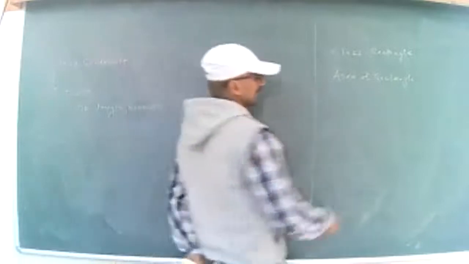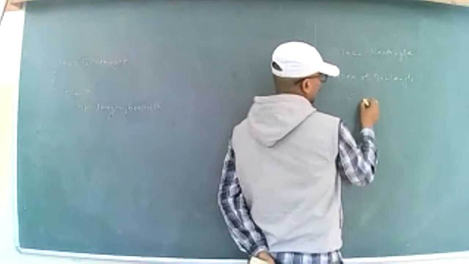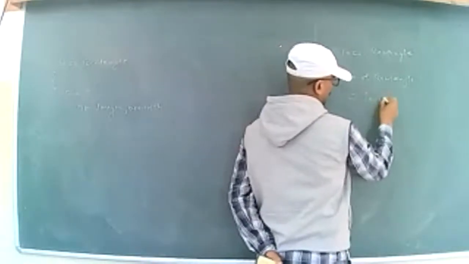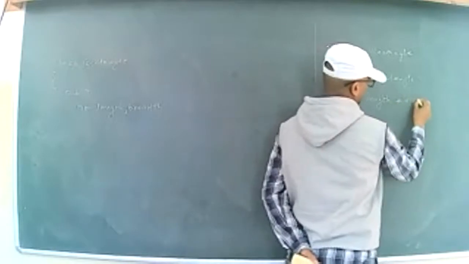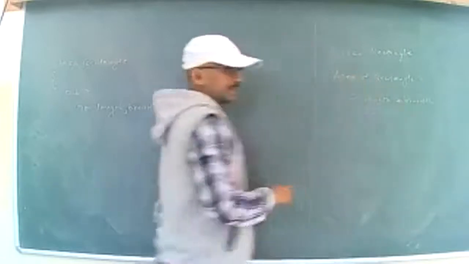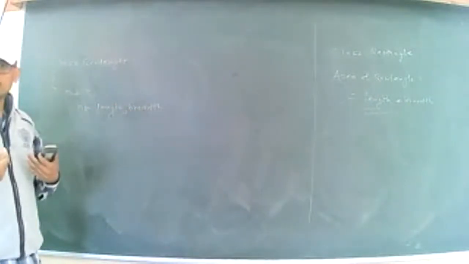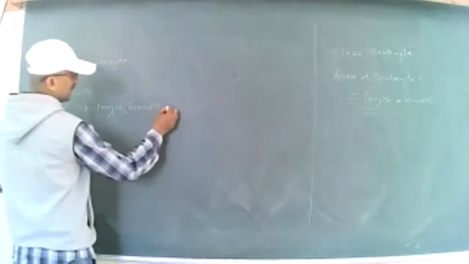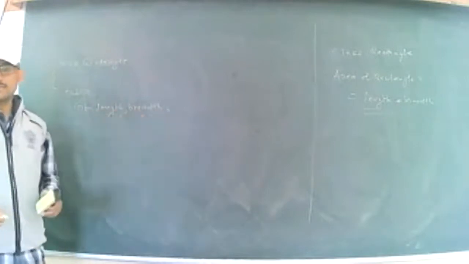To find out the area of a rectangle, we have a formula: area of rectangle is equal to length multiplied by breadth. That is nothing but your area of rectangle. So it is very important that we have the length and breadth with us, so we initialize the integer variables length and breadth in our program.